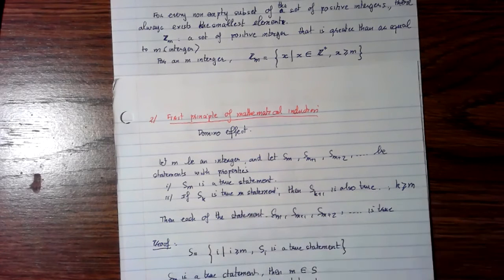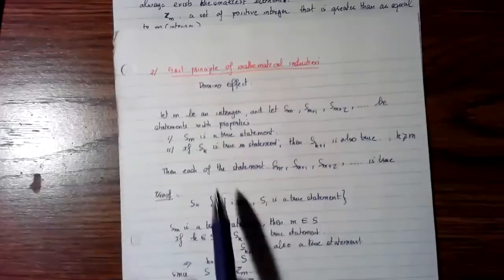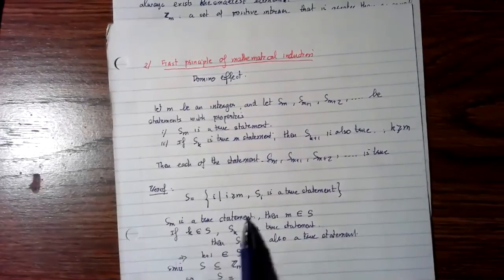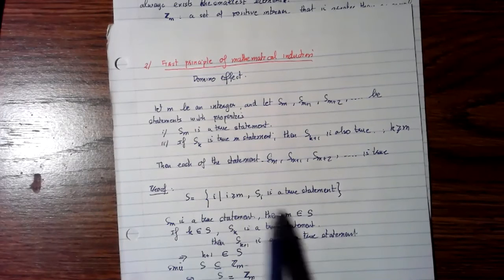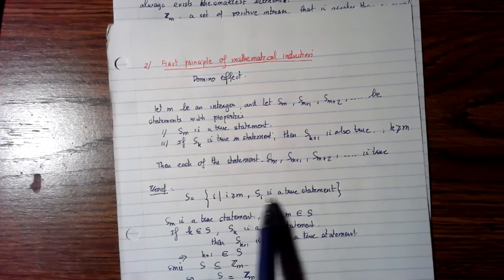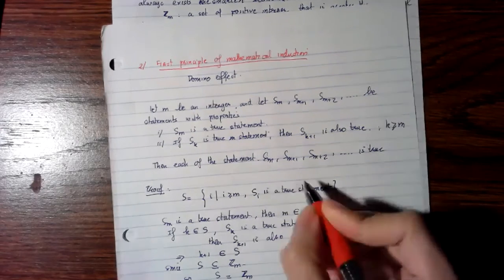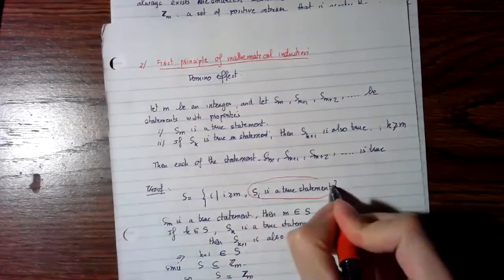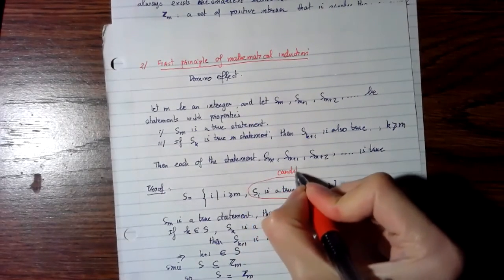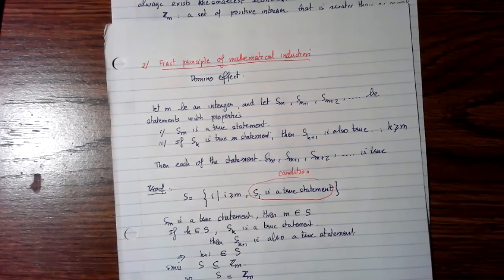We start with a set, and we know what they gave us: S of M is true already. If S of M is true, then M must belong to S, because we call this set, as long as elements satisfy this condition. As long as they satisfy the condition, of course they belong to S, right?